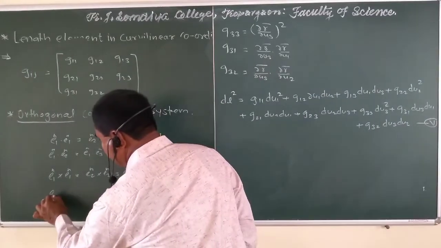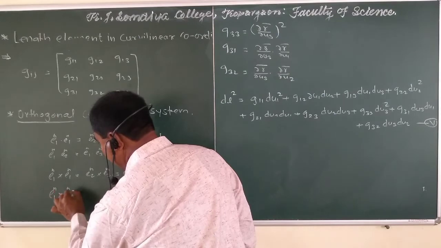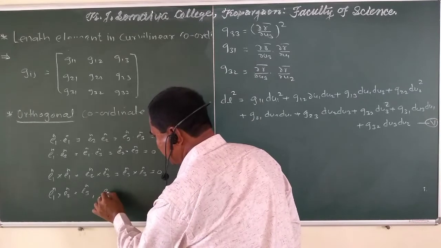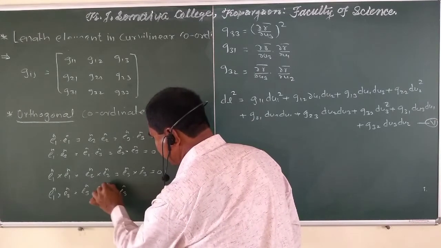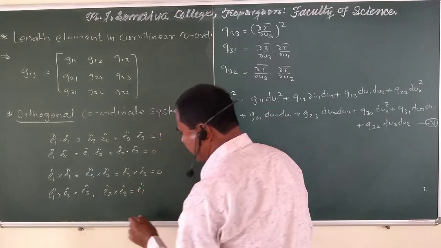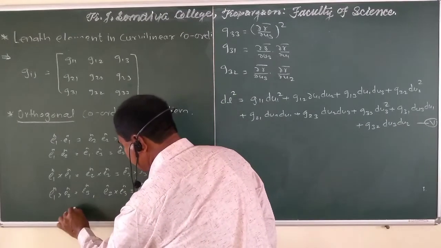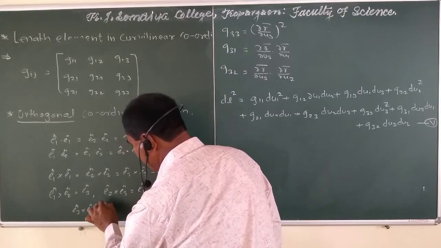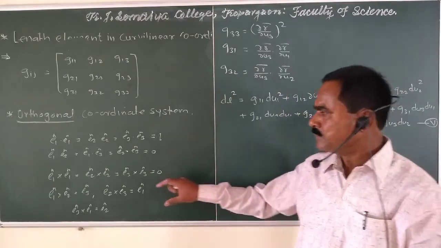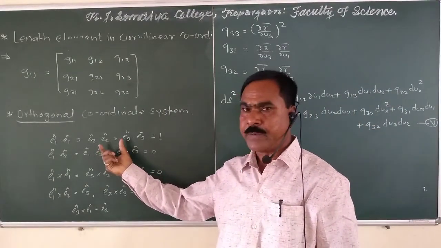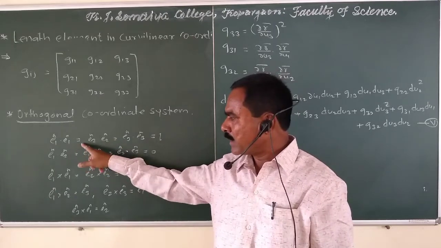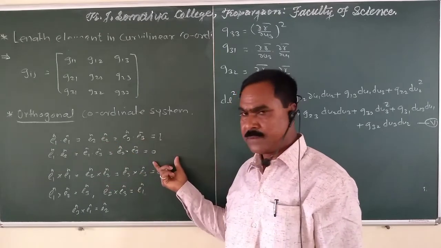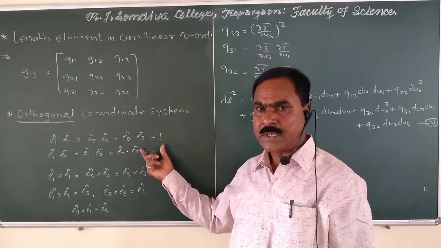Then we write E1 cap cross E2 cap equal to E3 cap, E2 cap cross E3 cap equal to E1 cap, and E3 cap cross E1 cap equal to E2 cap. Here, when the unit vectors and their dot product as well as cross product come in this manner, then the system is orthogonal.